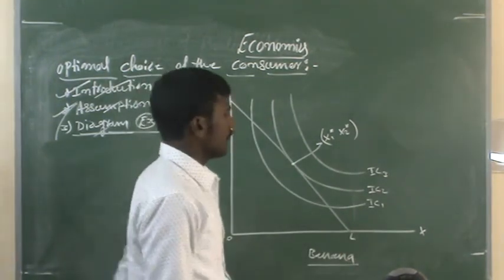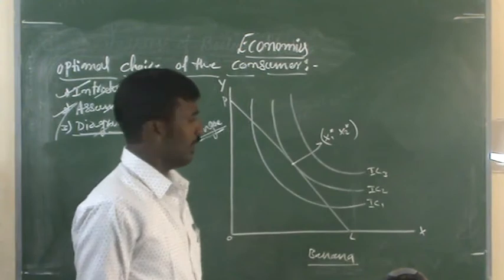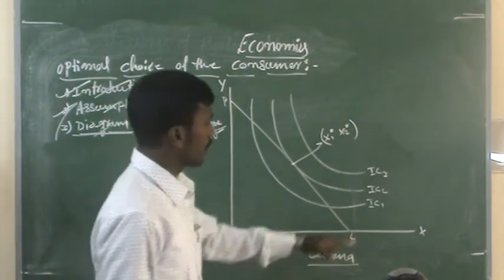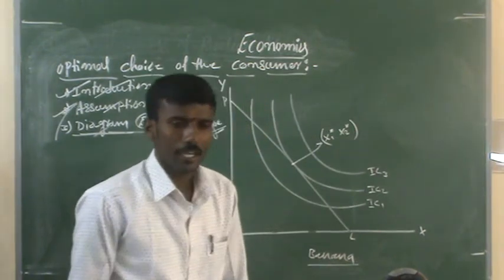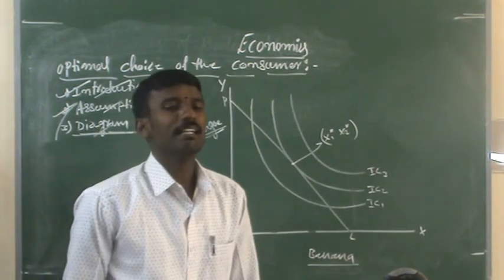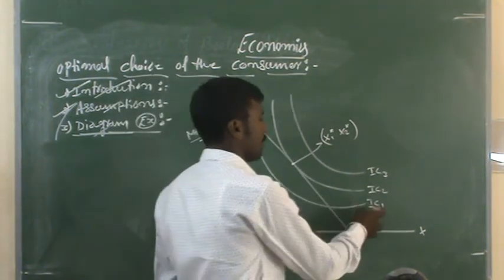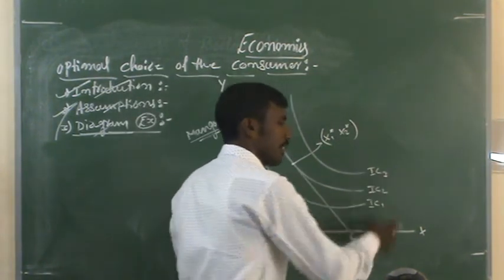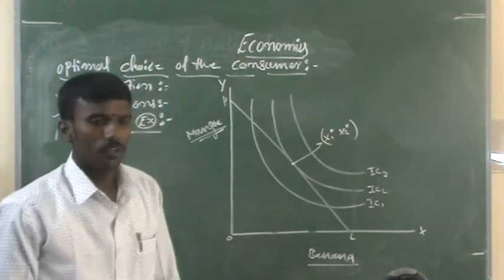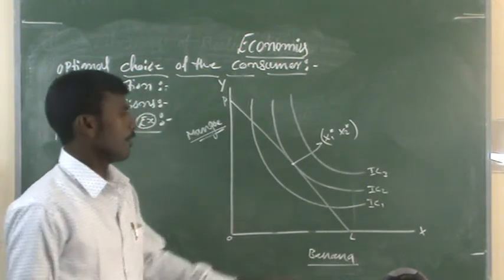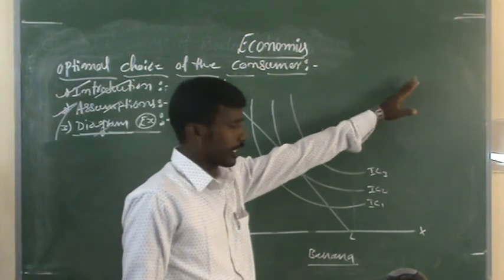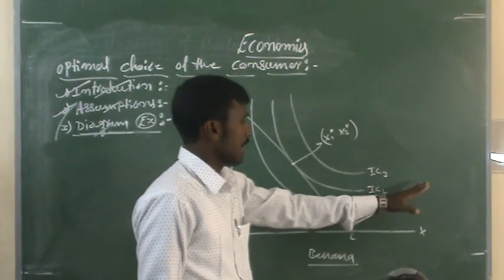And also in this diagram we see the various indifference curves like IC1, IC2, IC3. These are the different types of indifference curves. IC1, IC2, IC3.